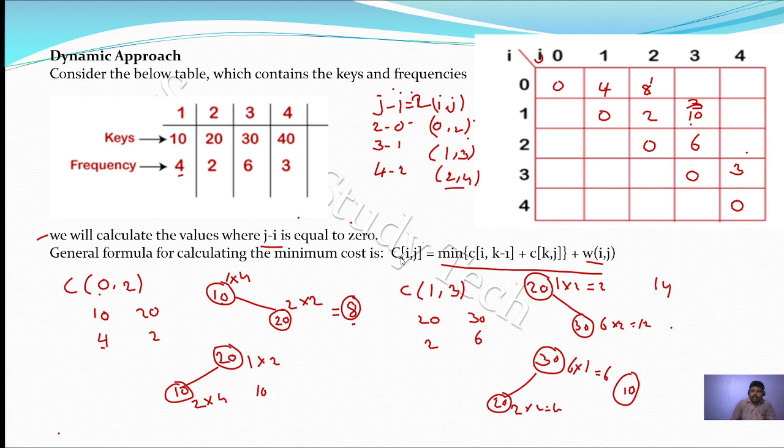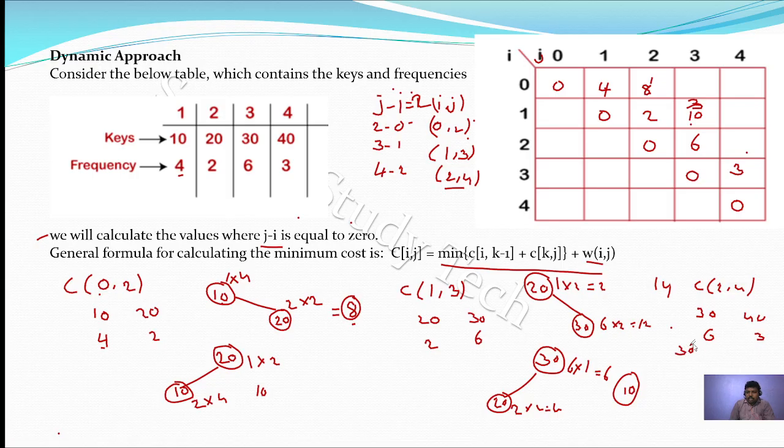Here also you can find out C of 2 comma 4. Ignore 2, that is, 3 and 4 you can consider. The third key is 30, the fourth key is 40. Here the frequency of the third key is 6, the frequency of the fourth key is 3.